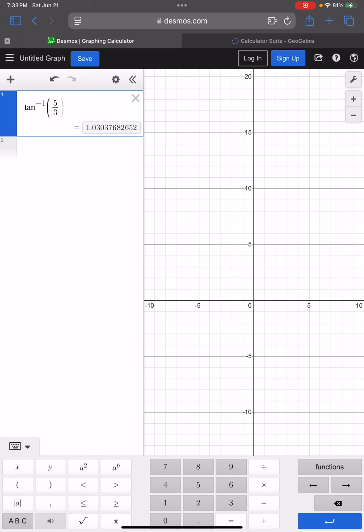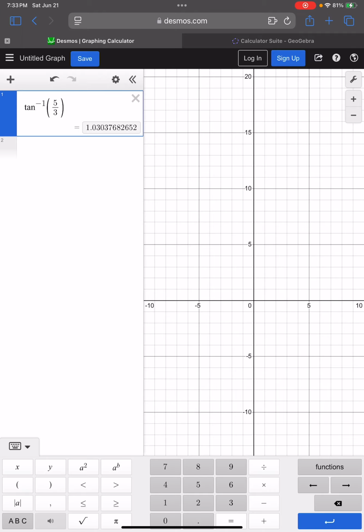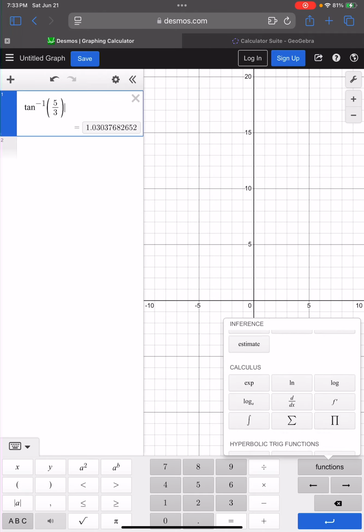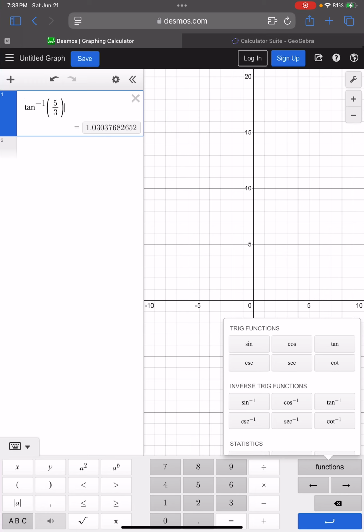Now let me make sure. I just want to triple check that this is in the right radians or degrees. You know what? I'm going to just double check it on my graphing calculator. Give me 1 sec. Sorry about this, Elise. Here we go. Tangent inverse 5 over 3.